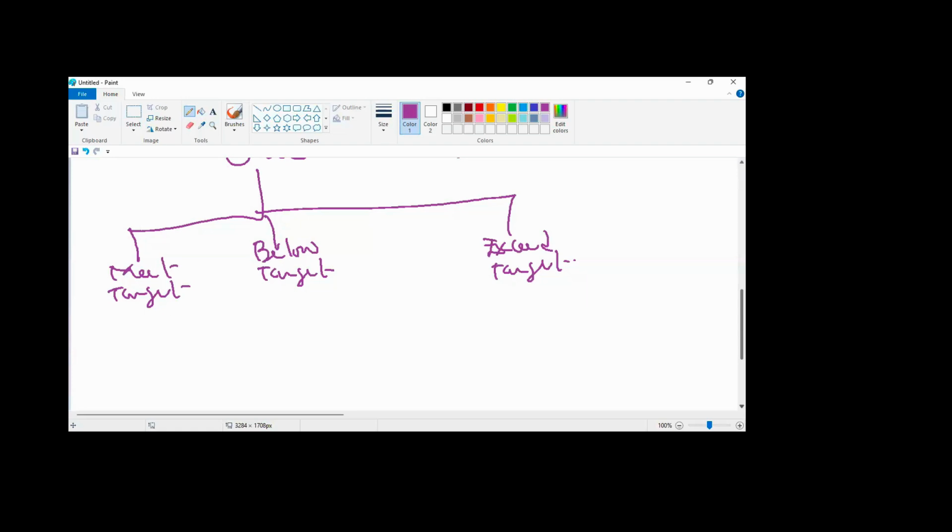If it is meet targets, cost of investment will be debited, then liability will be credited. That is one. Secondly, below targets. The question will tell you, the initial promise will go to the cost of investment, debit.